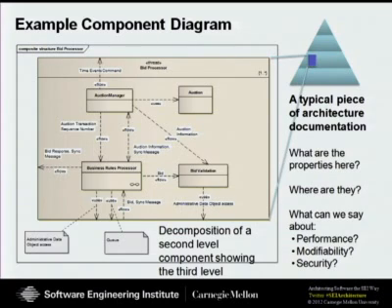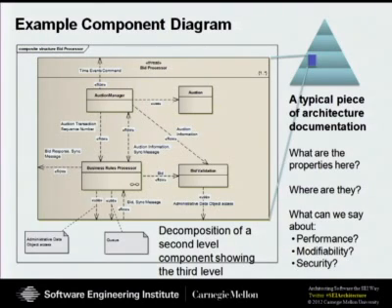But can you answer those questions saying, what are the properties here? So can you say anything about performance looking at that? Well, I thought I'm pretty good when it comes to architecture, but when I look at that diagram, I cannot say anything about performance. Is that thing fast? Maybe, maybe not.